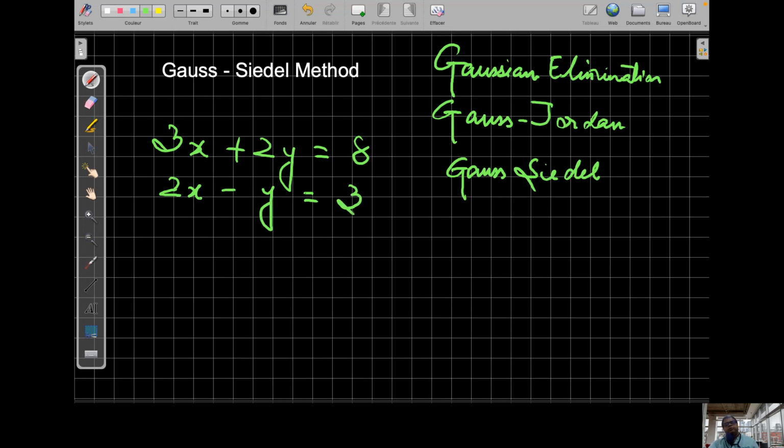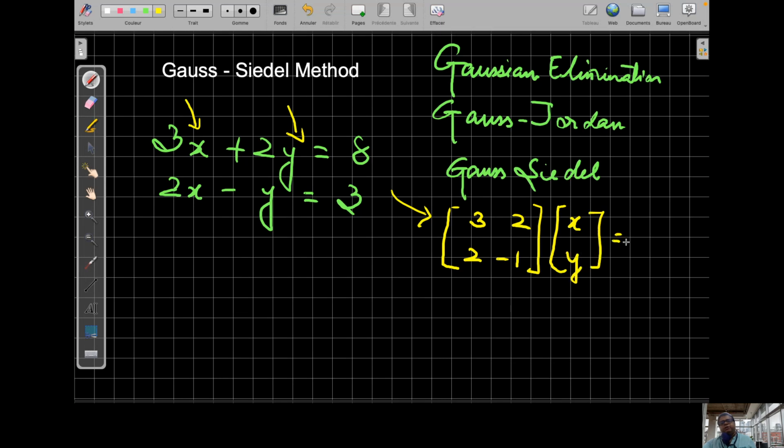So there can be a set of equations like this, with the variables x and y. If I want to write this in matrix format, I can write it like this: the matrix 3 2 and 2 minus 1, times x and y, equals 8 and 3.